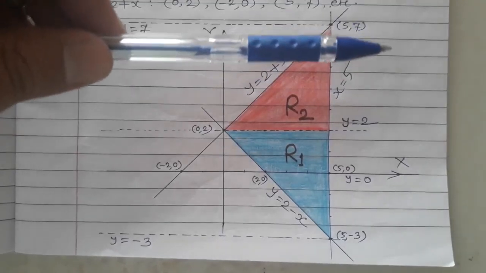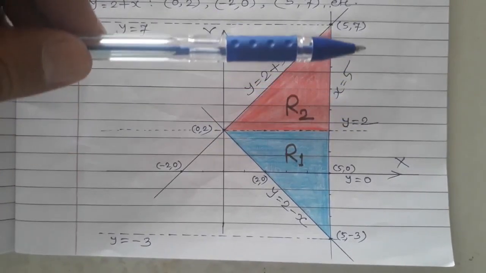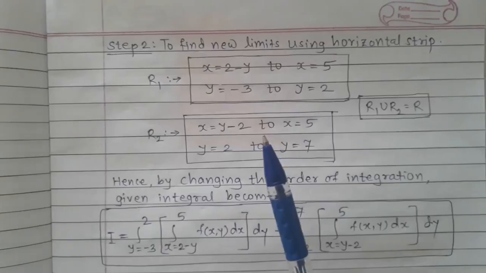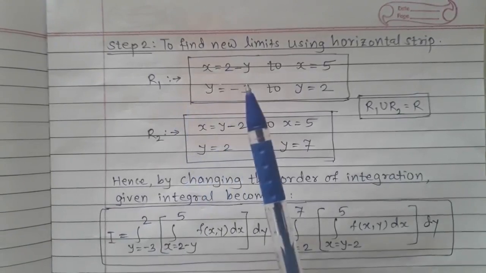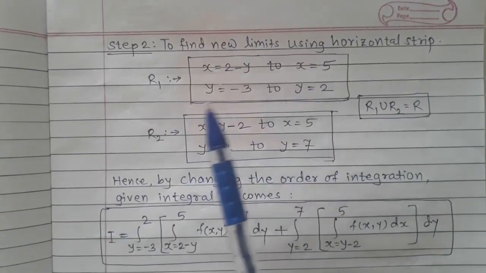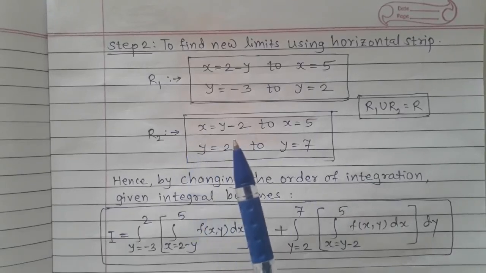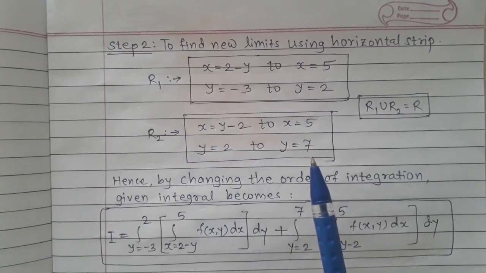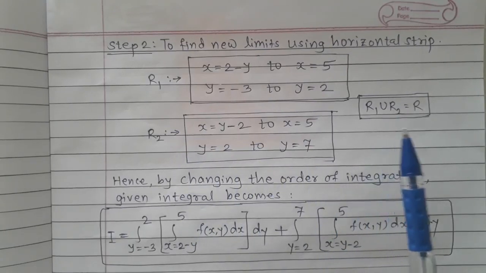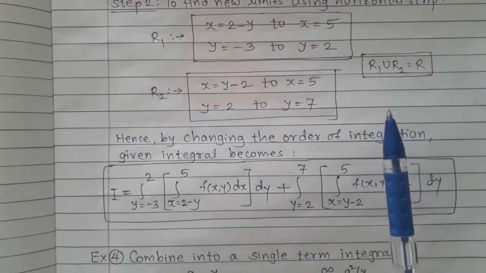So y equal to 2 to y equal to 7 are the limits of y for the orange. So these are the limits we got for R1 region, x equal to 2 minus y to x equal to 5, y equals to minus 3 to y equals to 2, and for R2 region, x equals to y minus 2 to x equals to 5, and y equal to 2 to y equals to 7, and region R1 union R2 becomes R, and there is nothing in the intersection.